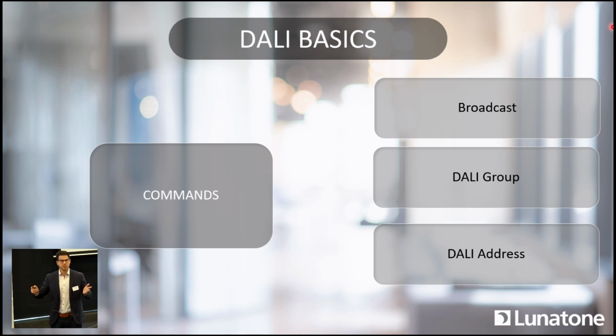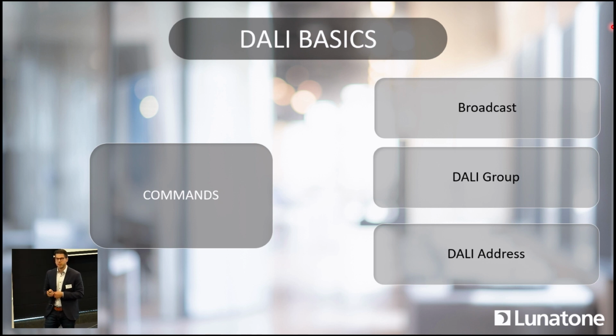Broadcast means everything on the DALI bus does the same. So I send out this command, and everything on the DALI bus that receives this command is doing something. This is a broadcast. DALI group: if I send something to DALI group 5, every driver, every gear, every relay in that group does that command. And with the DALI address, it's just a single address, so a single device.